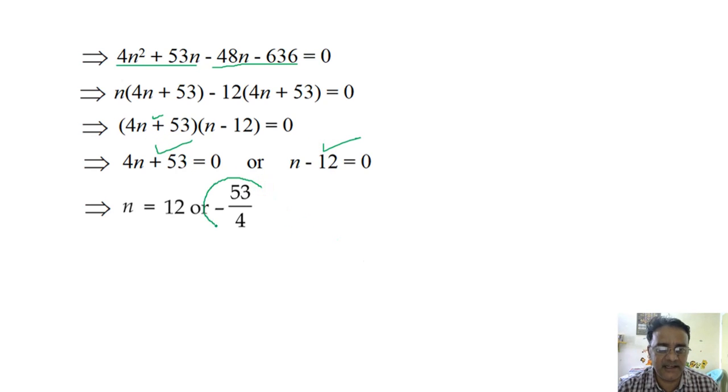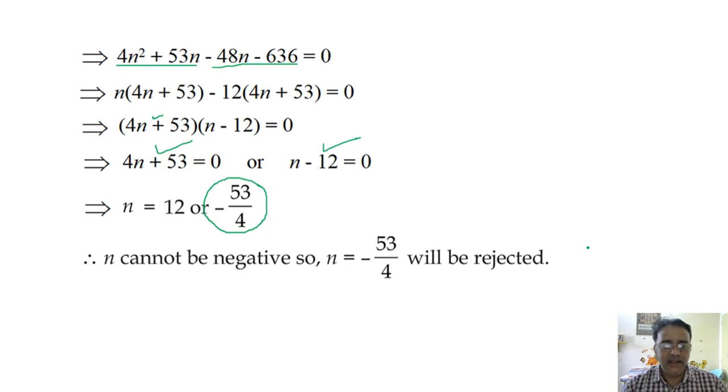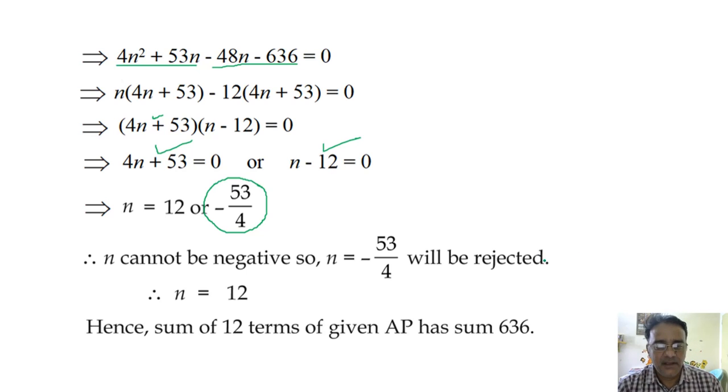Now n is the number of terms, it can't be negative. It should be a natural number. So n equal to minus 53 upon 4 will be rejected. Hence n is equal to 12. Any doubt here? Hence the sum of 12 terms of the given AP is 636.